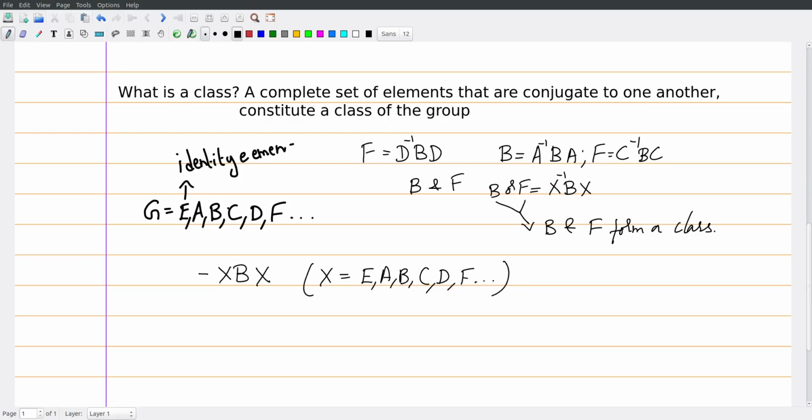If I do the similarity transformation, what result should I get? B or F, only these two come. Sometimes I get B, sometimes I get F. Then I say that in this group E, A, B, C, D, F, in this group B and F form a class. That is what this means, right? Good.